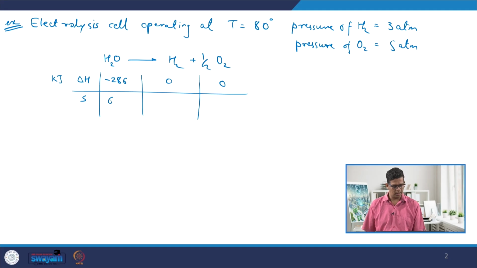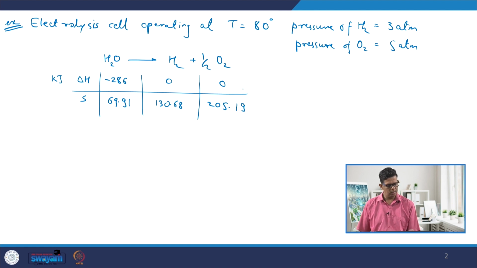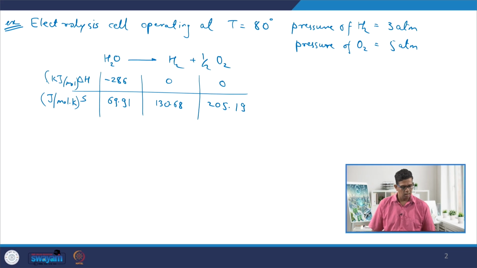Entropy is 69.91 for water, 130.68 for hydrogen, and 205.19 for oxygen. This is in joules per mole per Kelvin, and the enthalpy is in kilojoules per mole. So, let us first write down our equation.